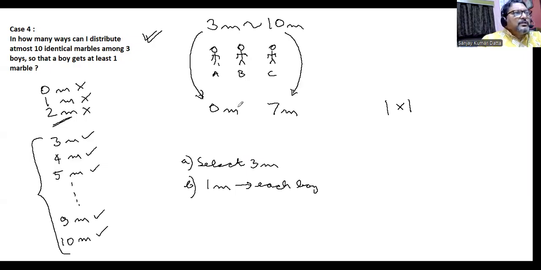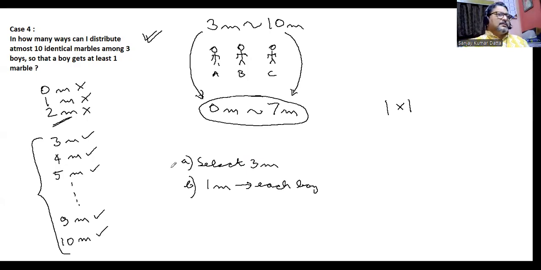And now you are left with 0 marbles to 7 marbles. Correct? So basically this is at most 7 marbles. Please understand, 3 marbles to 10 marbles cannot be called as at most 10 marbles.